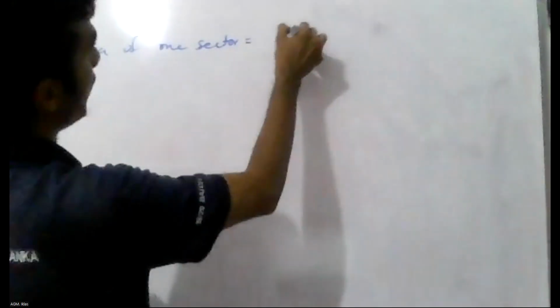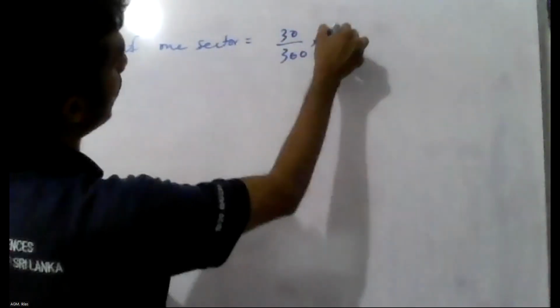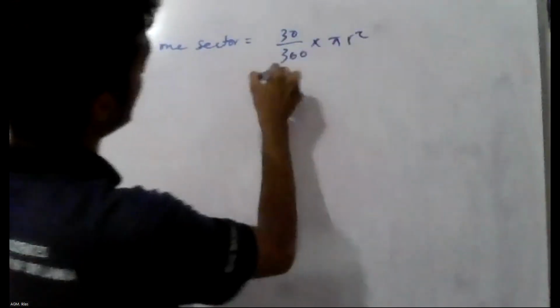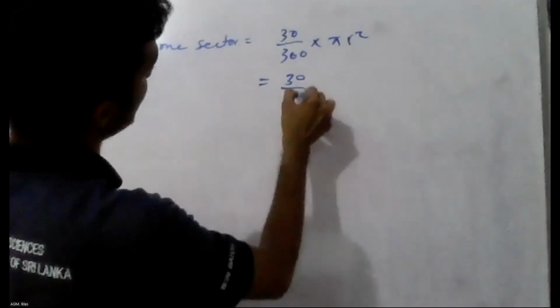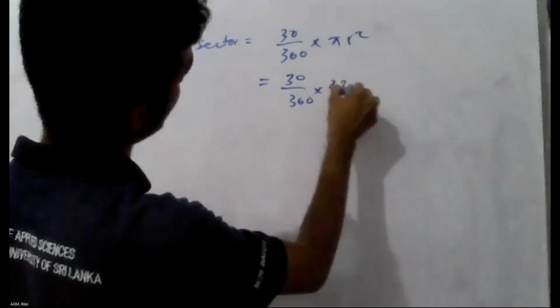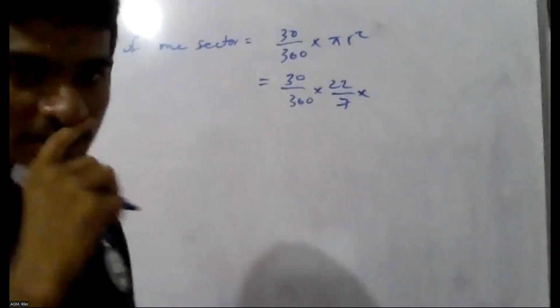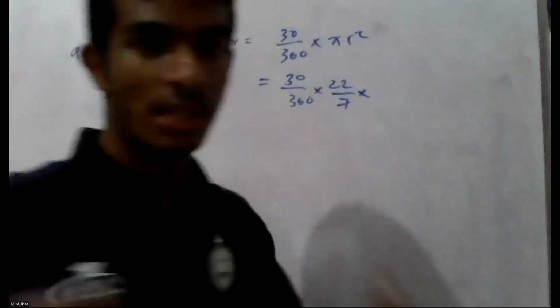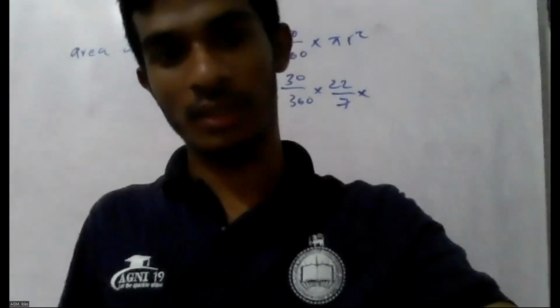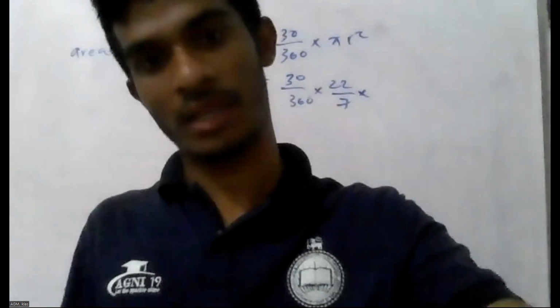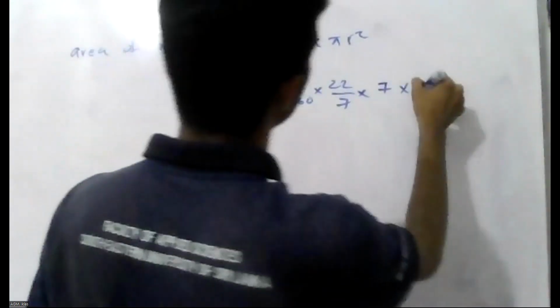So here, area of one sector is 30 over 360 into pi r square, that is 30 over 360 into 22 by 7 into, instead of r square I can put 7 because the breadth of the rectangle is the radius of the sector. So here 7 into 7.